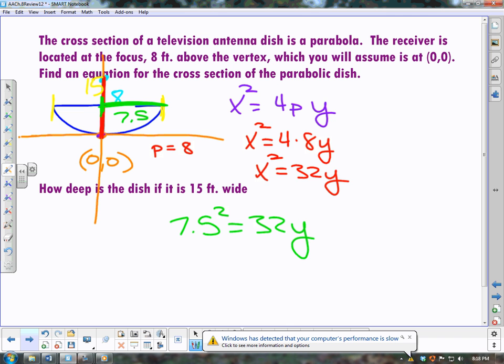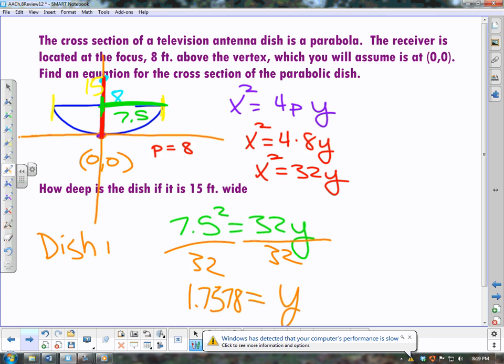And then you would divide by 32, and y will equal 1.7578. So the dish is 1.7578 feet tall, or deep. And there you have that.